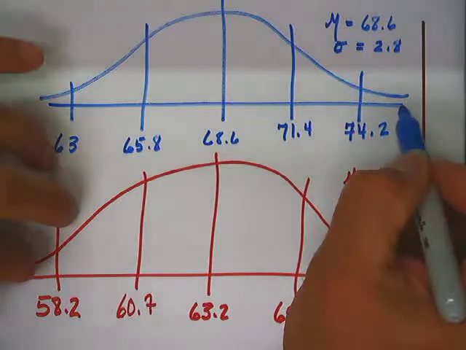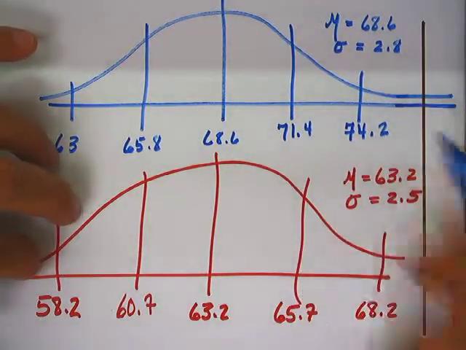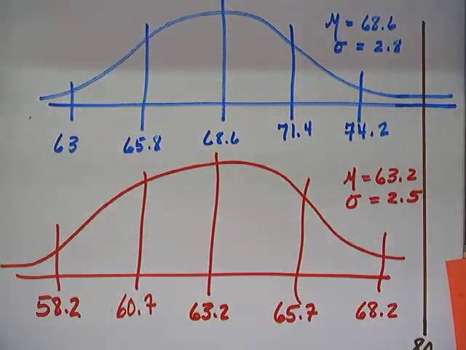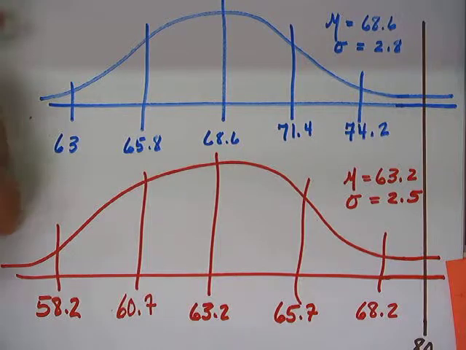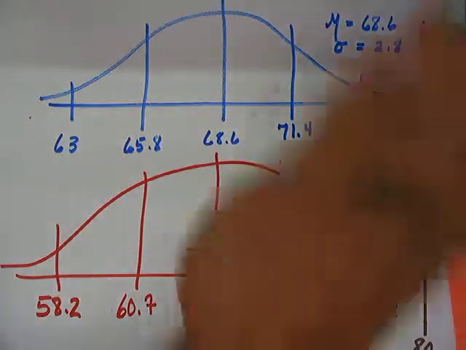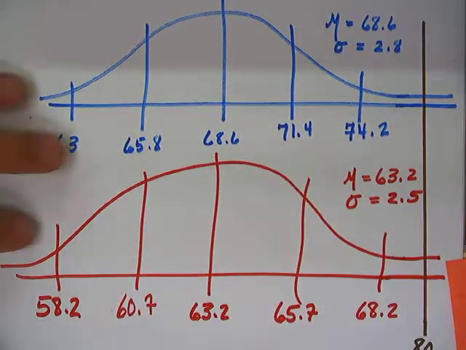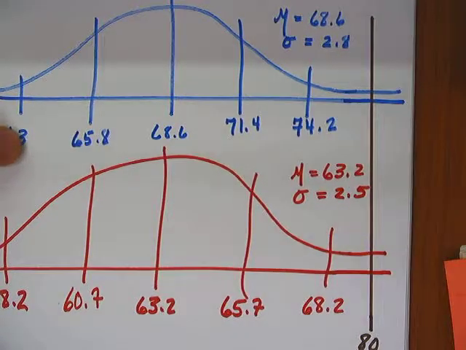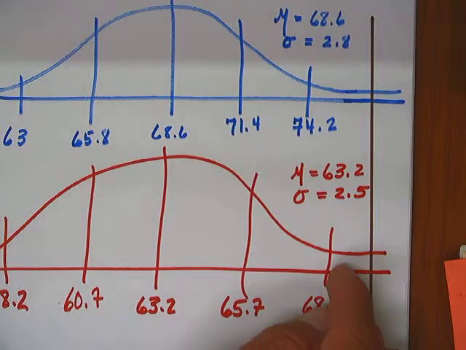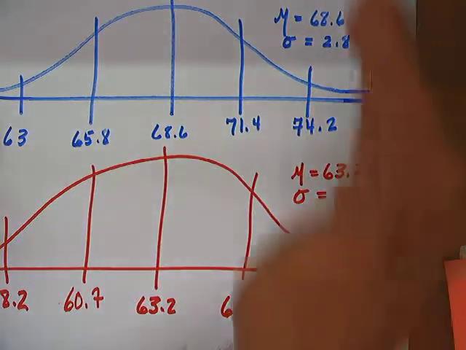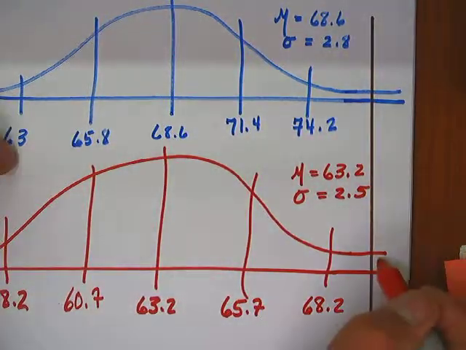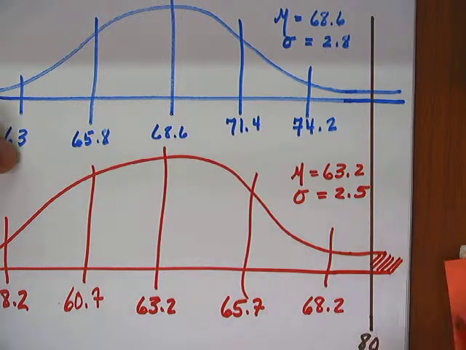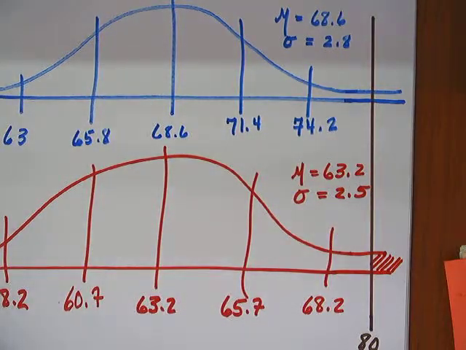That's the standard height of the doors in this house, or the doors that are being built, whatever the case may be. Now, it really doesn't matter where you put it because 80 is greater than 68.2 and 80 is greater than 74.2. So we're just drawing it right here at 80.